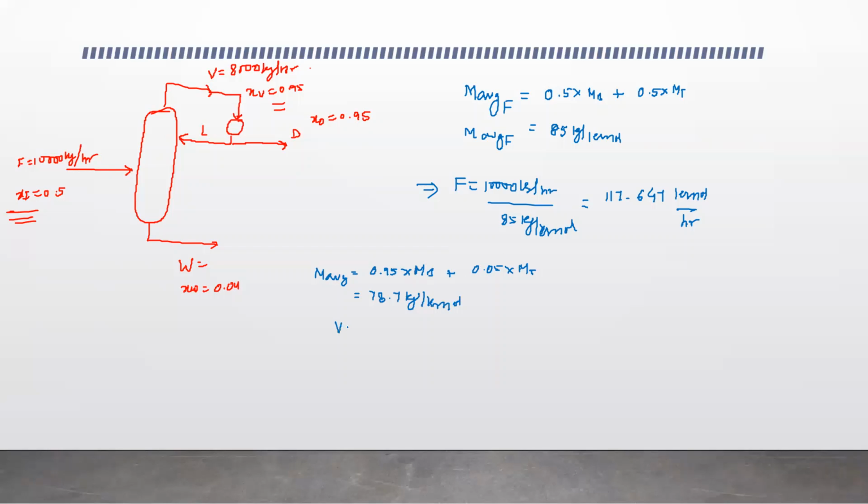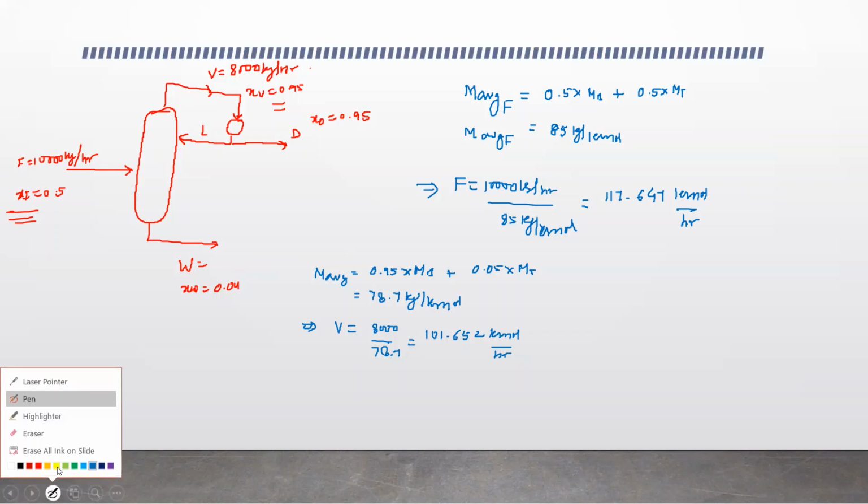So from this, you get vapor as 8,000 upon 78.7. That is 101.652 kilomole per hour. So we have got V, we have got F. Okay, now we can do our problem easily.